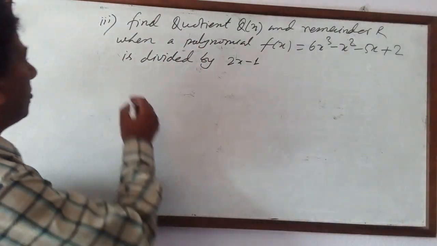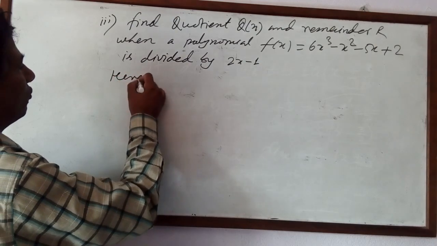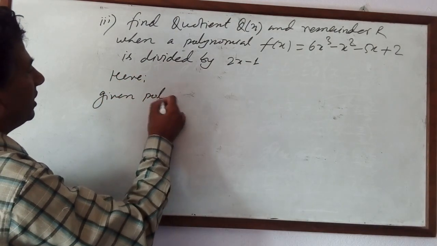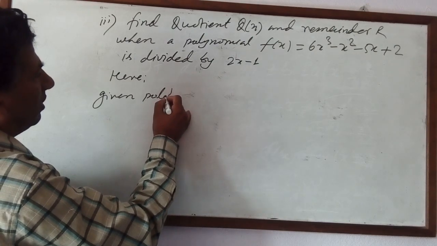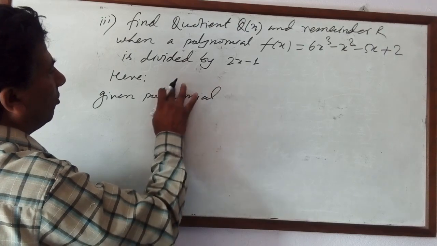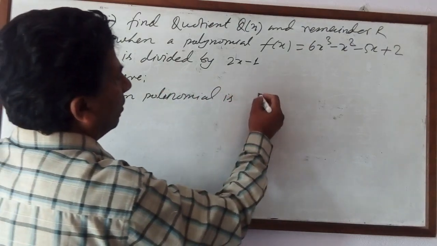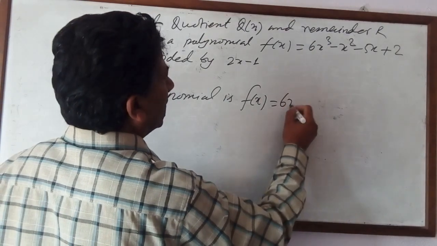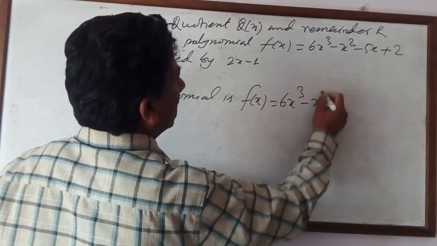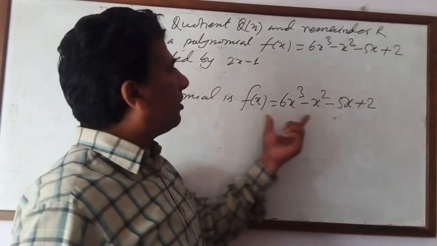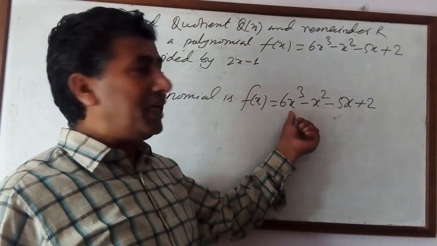Now, first of all, we have to write the solution. Given polynomial is fx equals 6x cube minus x square minus 5x plus 2. Now in this given polynomial, its degree is 3.